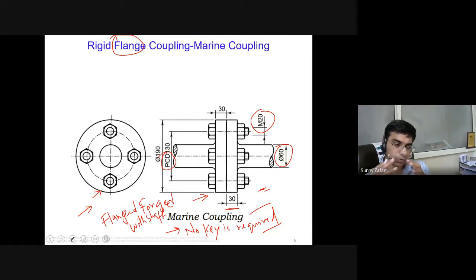Of course, there could be more, but given the circumstances of online classes and lab, I am not extending the drawing part to a very large extent. Beyond this, what is left is the production drawings, which will be covered in a more theoretical manner rather than the drawing manner. But I will try to give you an idea how to draw the production drawings and how to read those drawings.